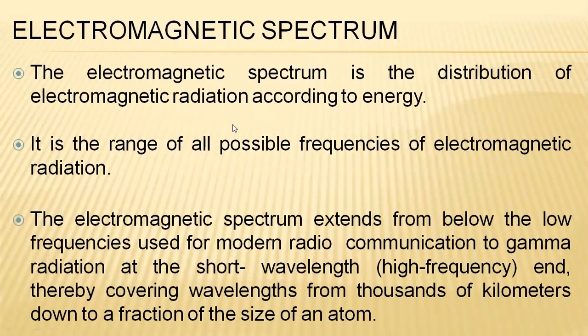Coming to the inspection process, the electromagnetic spectrum, as you have discussed, is the distribution of radiation with respect to its energy. It's a range having all possible frequencies of electromagnetic radiation.